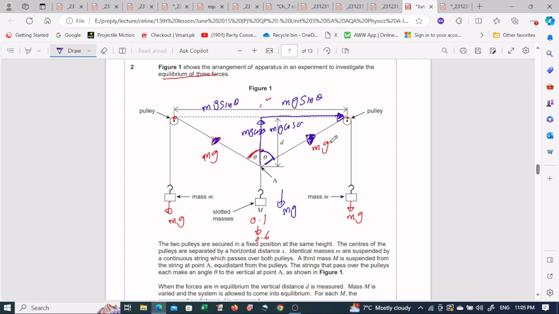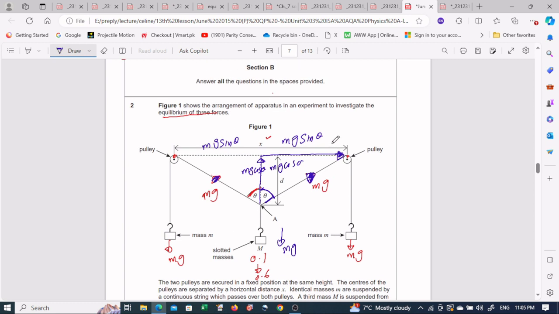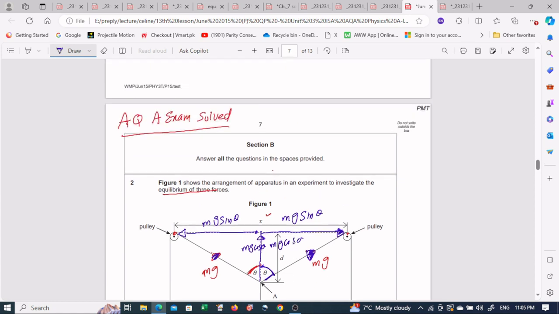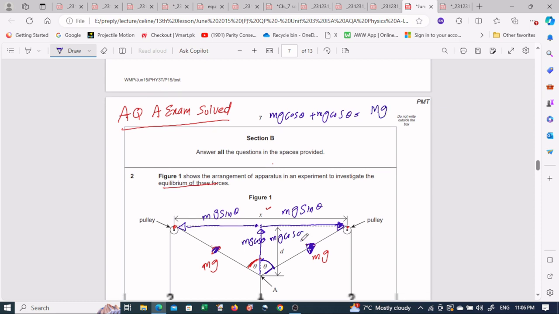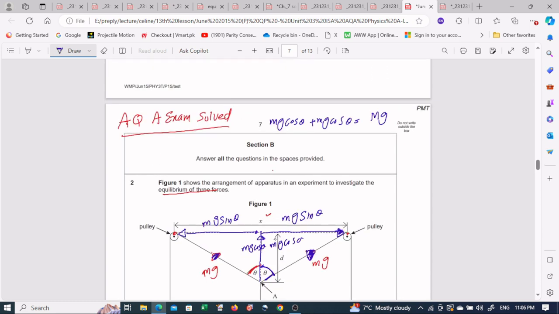If we resolve the two forces, the sine components will cancel one another. To have equilibrium, the two mg cosine components will be equal to the weight: mg cosine theta plus mg cosine theta equals capital Mg, which is acting downward.